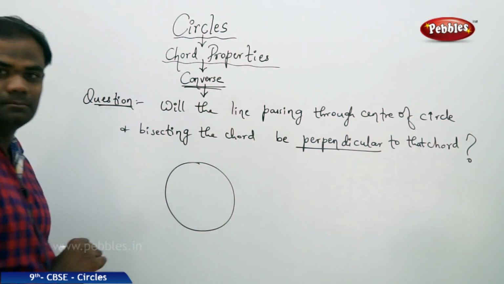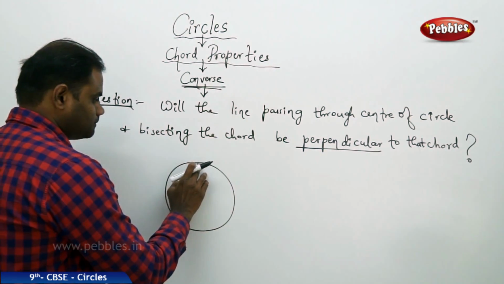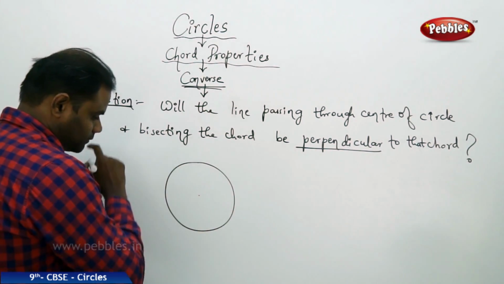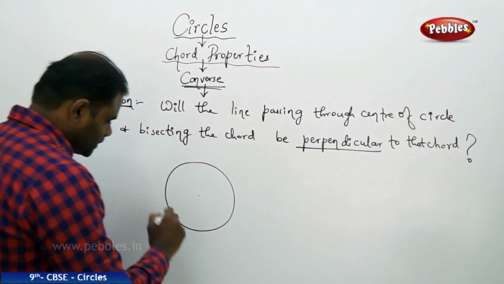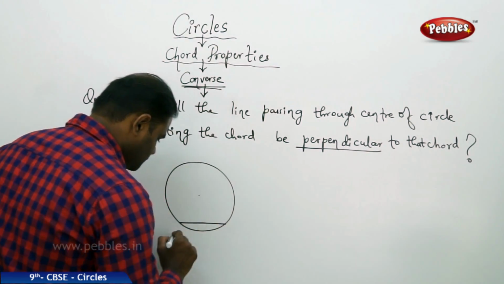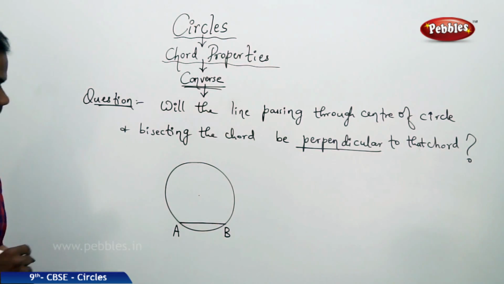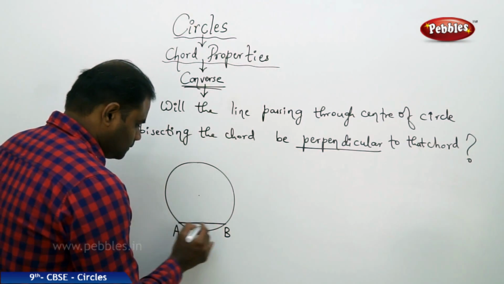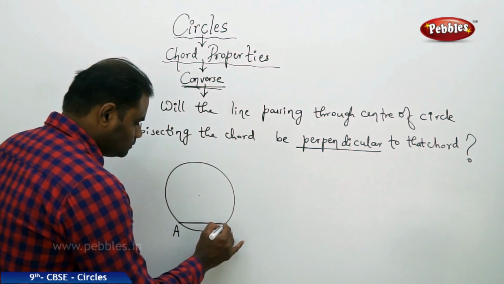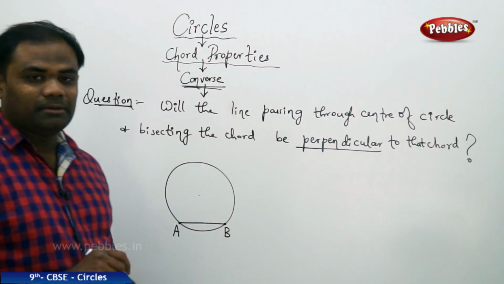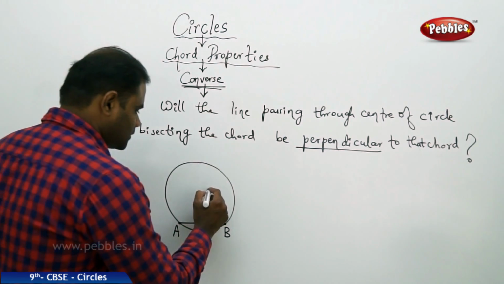Here is a circle. Now I have the center of the circle. Let me take a chord AB. So here is chord AB and here is the center of the circle.